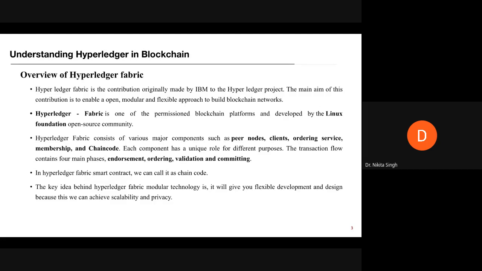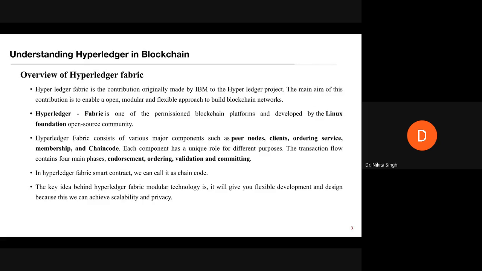So Fabric has a highly modular and configurable architecture, and it is being used for a broad range of industry use cases. It is being used in banking, finance, insurance, healthcare, human resources, supply chain, and one recent development is that Hyperledger Fabric is also now being used in digital music delivery systems.